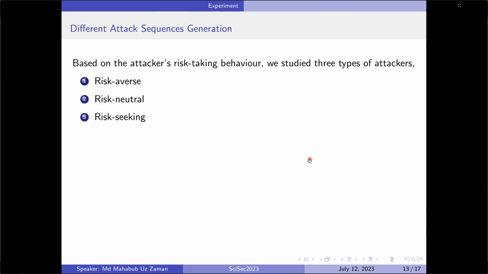Now let's talk about our experiment section. The optimizer gives us an attacking sequence, and we studied three types of attacker in order to generate the sequence: the risk averse attacker, risk neutral attacker, and risk seeking attacker.